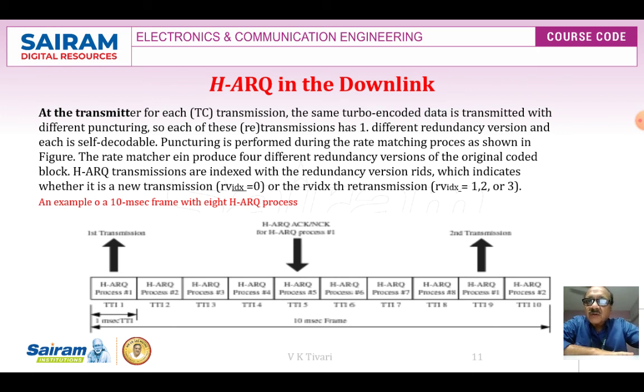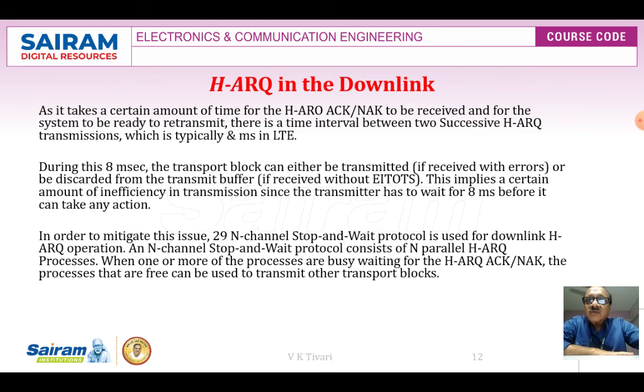For example, a 10 millisecond frame with 8 HARQ processes, clearly every frame is 10 millisecond. Whether FDD or TDD, this is to be defined. HARQ downlink takes a certain amount of time for the HARQ ACK/NAK to be received by the system to transmit.